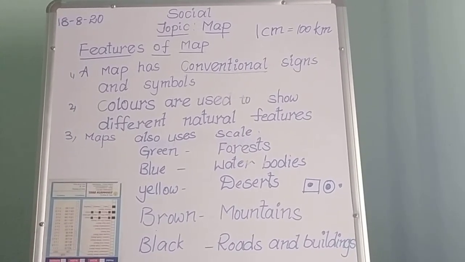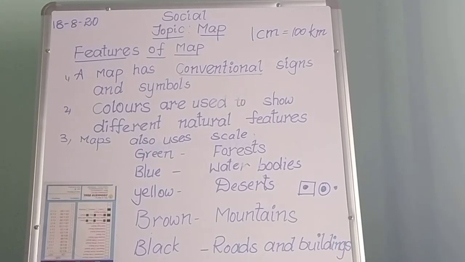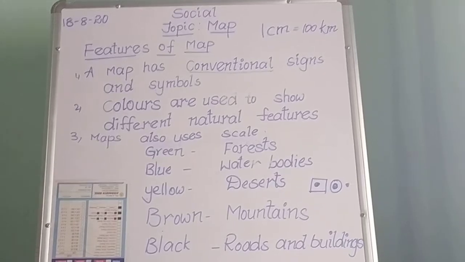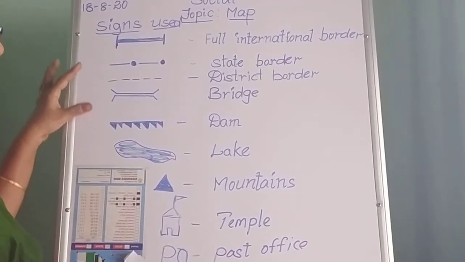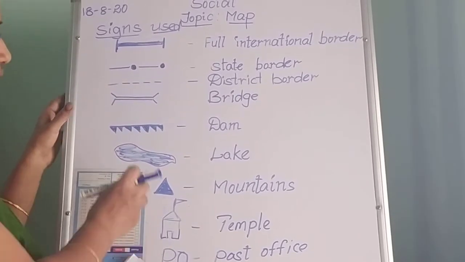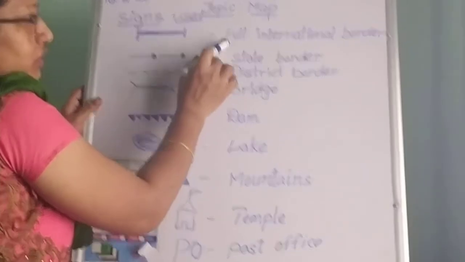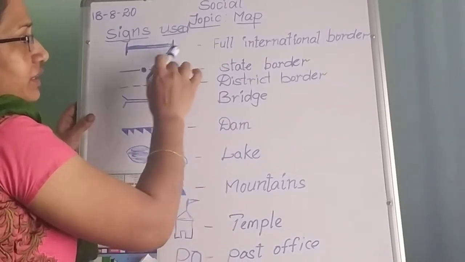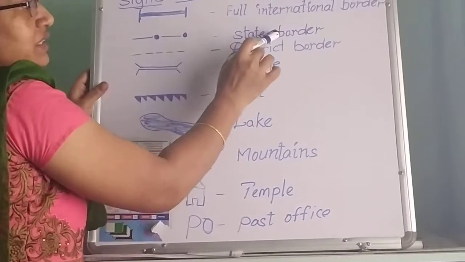Now let us know about what the signs and symbols are. You can look at the board. These are some of the signs or symbols used in the map. This symbol shows an international border. This sign shows a state border.